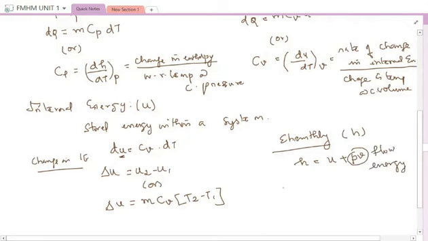So from this also we can form the equation: dH equals, since for enthalpy the specific heat is at constant pressure, m Cp dT. Else we can write ΔH equals m Cp (T2 minus T1).